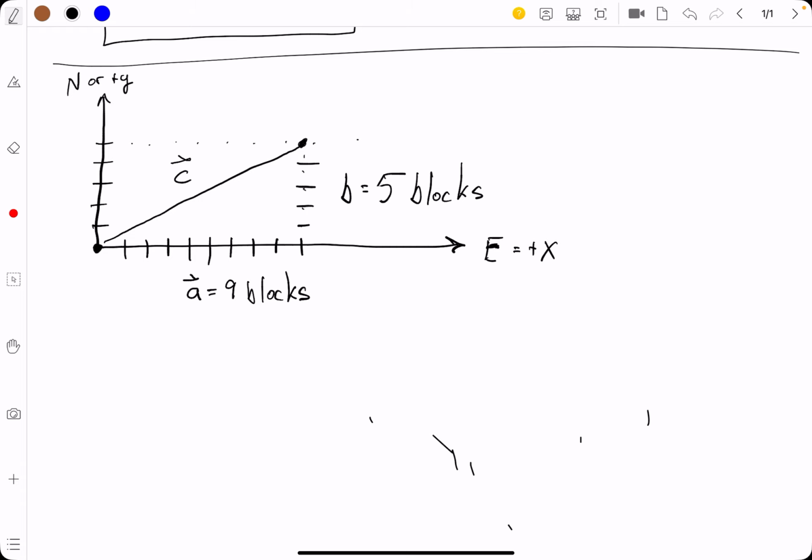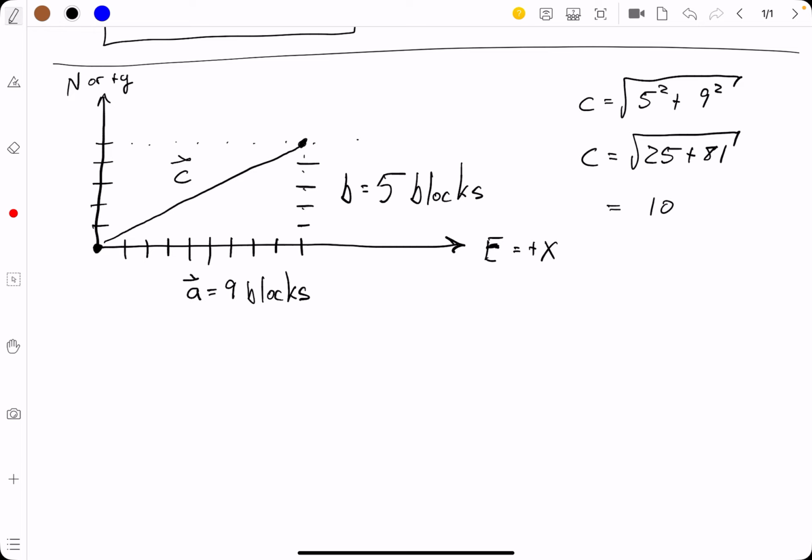Okay, what is C? Let's figure out what C is. If we were able to go that direction, we'd have C is equal to the square root of 5 squared plus 9 squared. C is equal to the square root of 25 plus 81. 1 and 5 is 6, 8 and 2, that's 106, so we're going to take the square root of 106, and this is blocks, by the way.